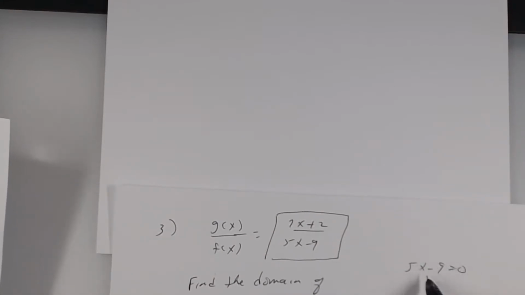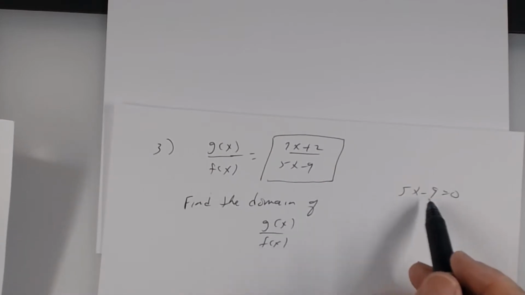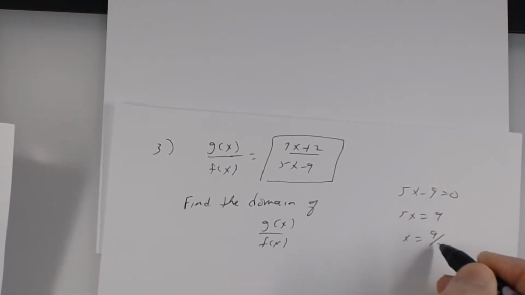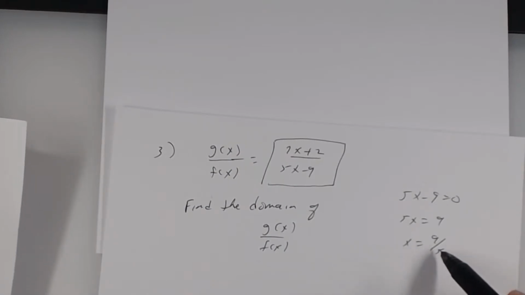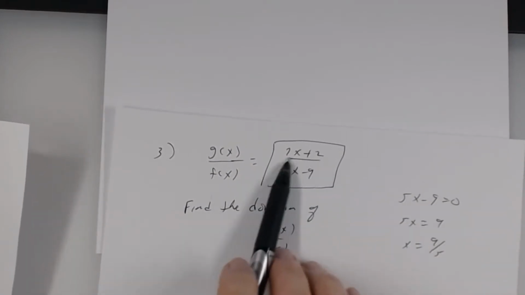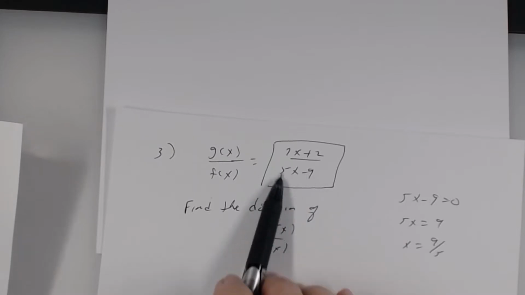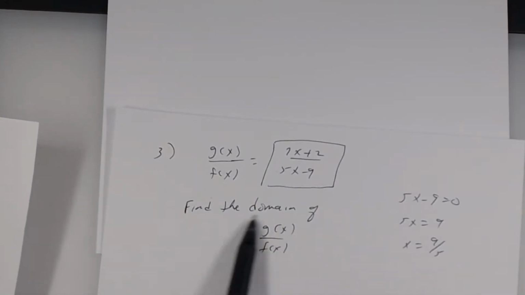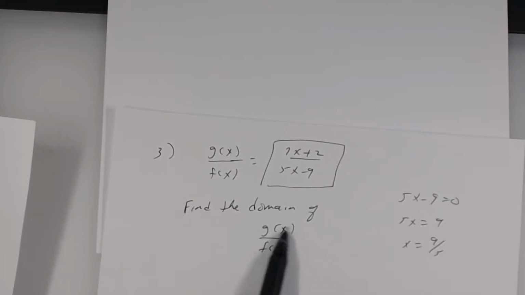When I set that equal to 0, I get this linear equation, and so I get x to be 9/5. Now what I found was that 9/5 makes this fraction undefined. So this rational function is defined for all real numbers except which one?